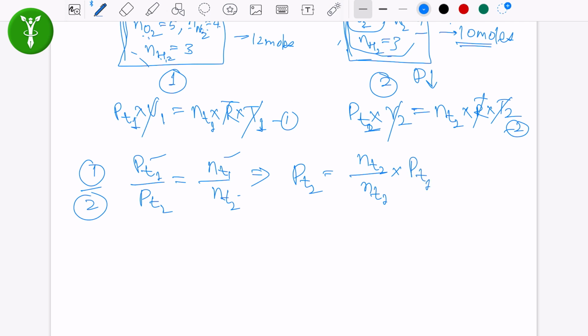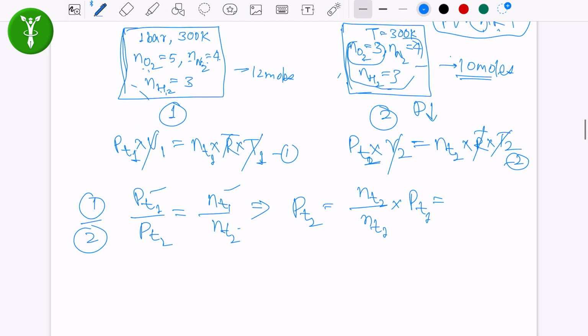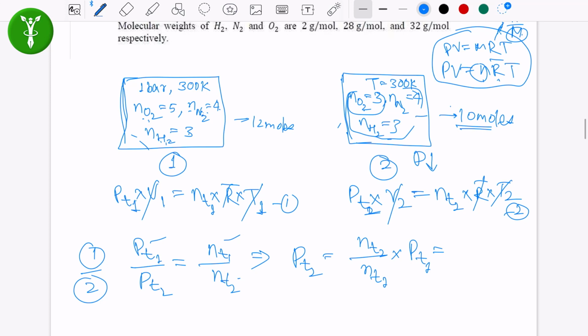N_T2 is the number of moles in the second state. Total number of moles is 3, 4, 3, that is 10 moles, and initially 12 moles, into the total pressure. Here we should write it in kilopascal. 1 bar means 10 to the power 5 Pascal, so we can write it as 100 kilopascal.